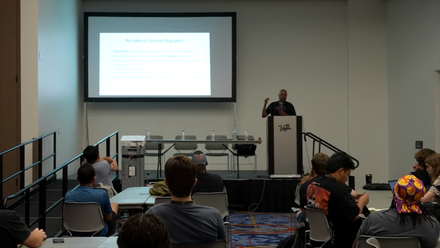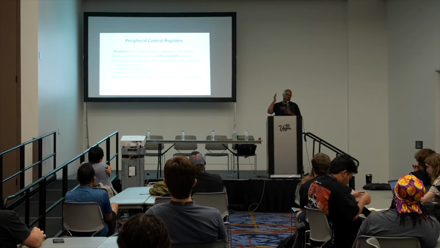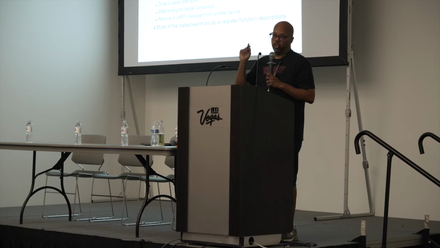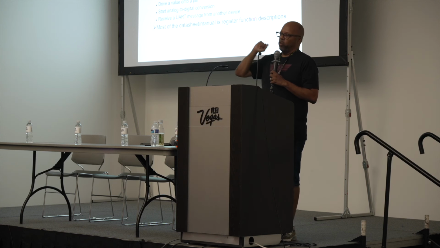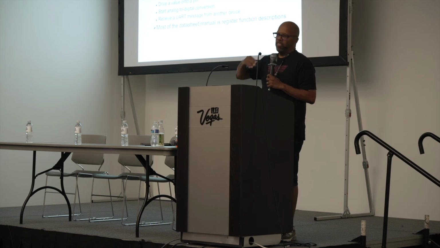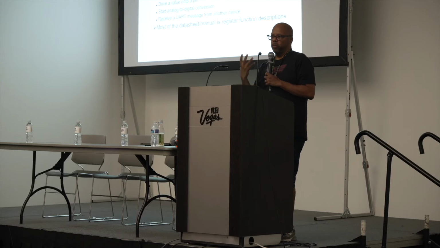Every peripheral has associated with it some registers that are used to control it and to observe it, right? If you want to do analog to digital conversion, you have to read all about its registers, write the right bits into the right registers, and then it'll do it. That's how you do control. These registers are like the interface to all the peripherals on your microcontroller.